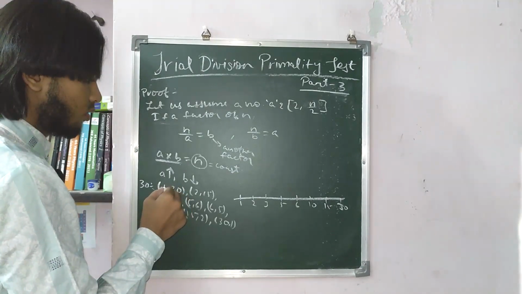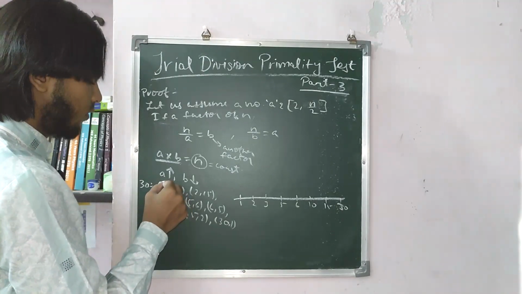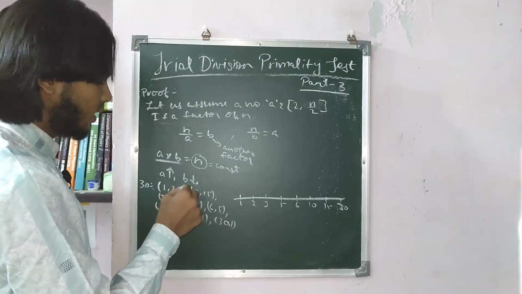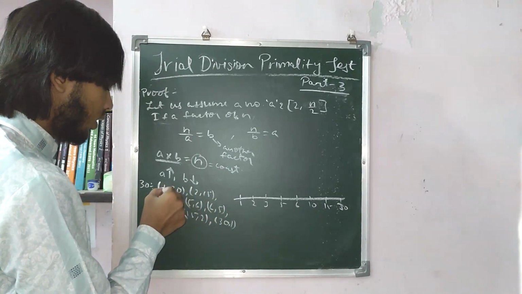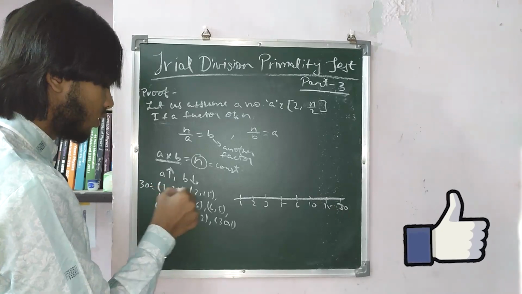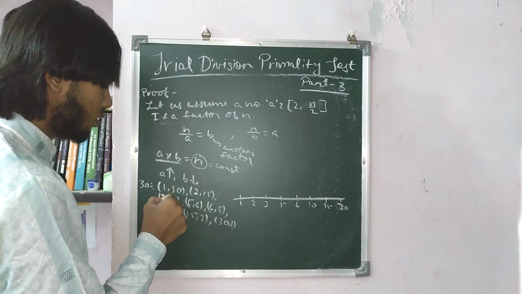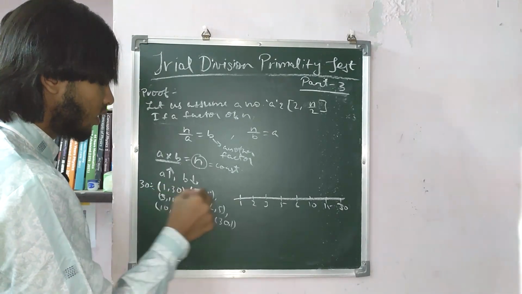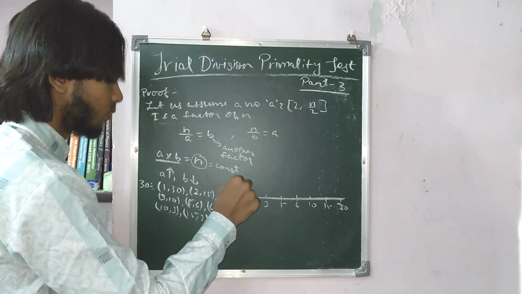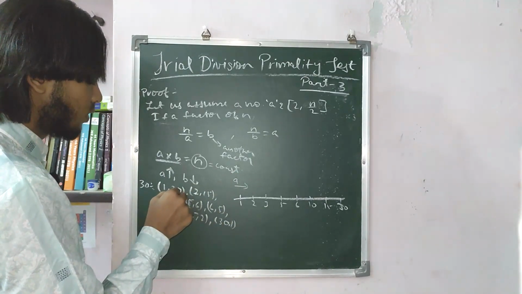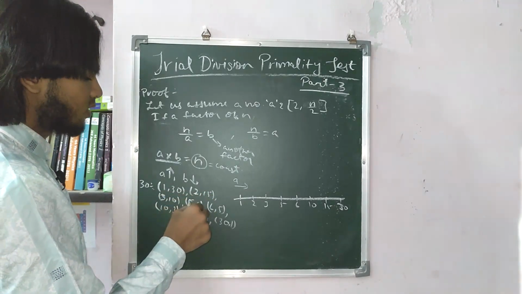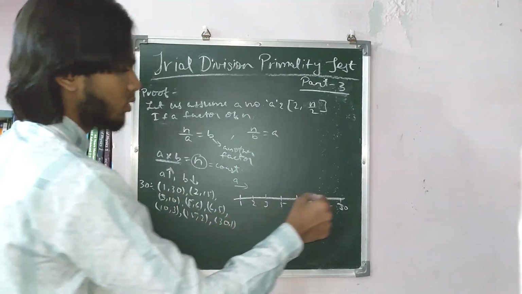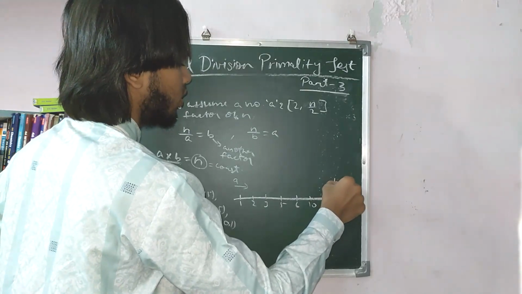So you can see, as I have said, that the left hand side is a and the right hand side is b. You are just considering. So that means a was first 1, then it became 2, then 3, then 5. So you can see that a keeps on increasing. And for b, first it was 30, then 15, then 10, then 6, then 5. So it keeps on decreasing.